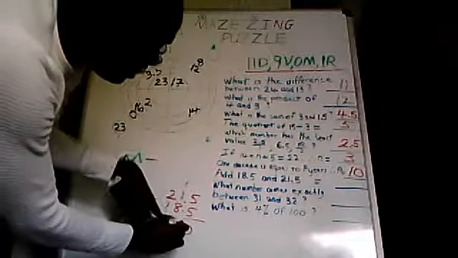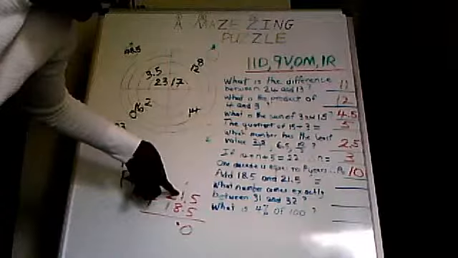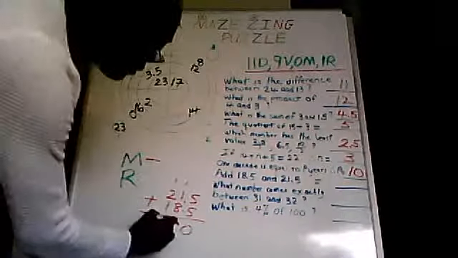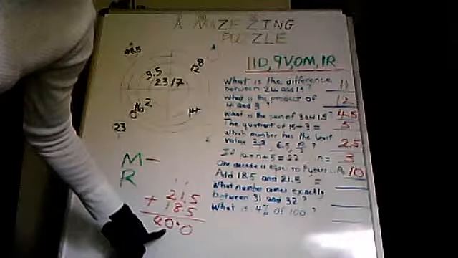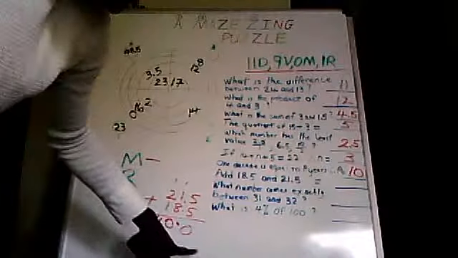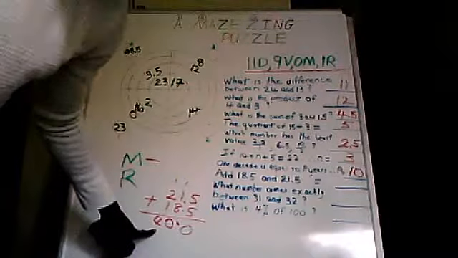Remember, point on the point. In your answer, also put the point. 8, 9, 10. 0. Carry 1. 2, 3, 4. So the answer is 40.0. But with the 0 after the point, it has no value. So I can just call this 40 and you do not have to put the point.